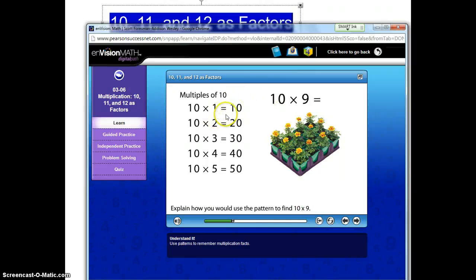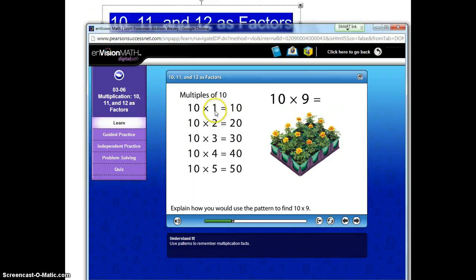Well, 10 times 1, 10 times 2, 10 times 3. Look at what is happening to my product. The number I'm multiplying by 10 is the number that ends up in my tens column, and I put a 0 in my ones column. So I'm just adding a 0 to the end. So I'm moving everything over one place. All I'm doing when I multiply by 10 is I'm moving over one place value.